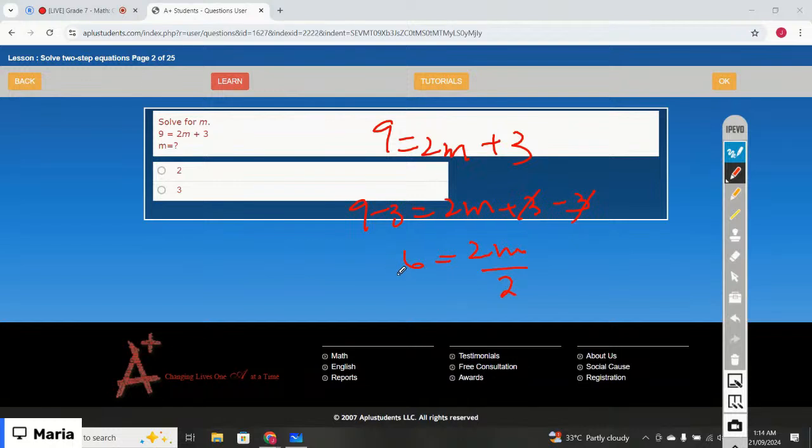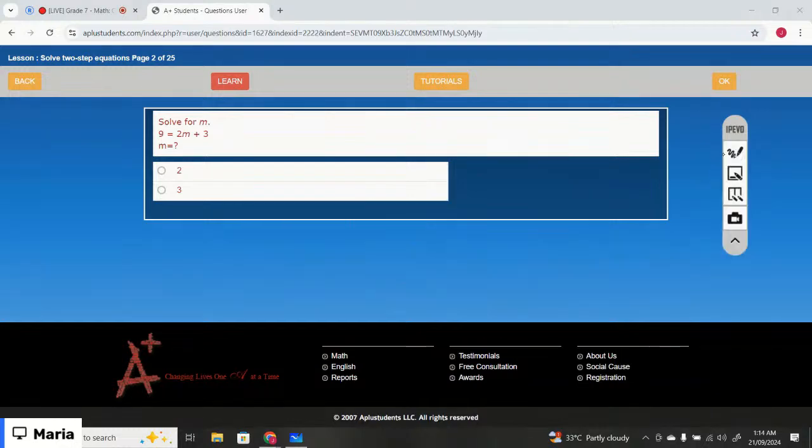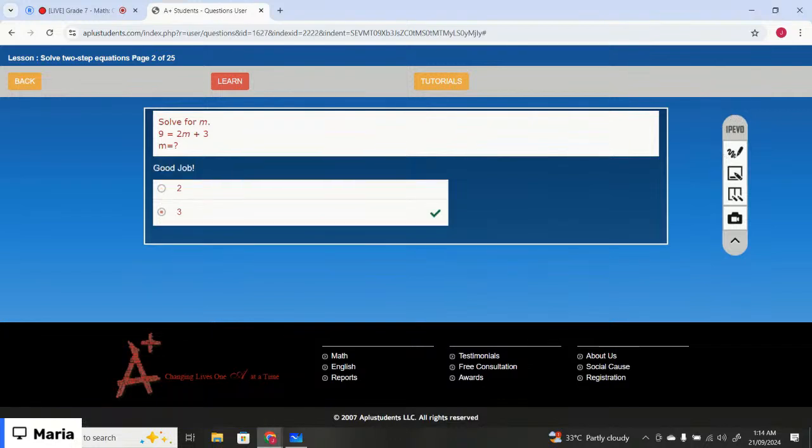Now you need to divide both sides by 2, so M equals 3. The correct option is M equals 3. Option number 2 is the correct option.